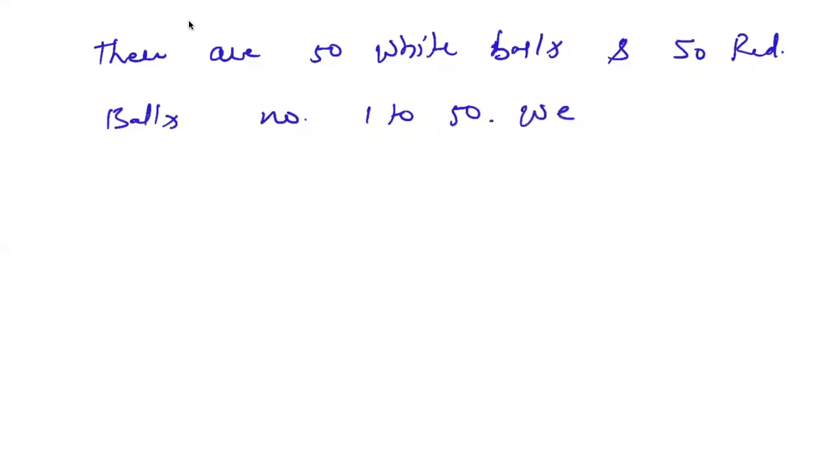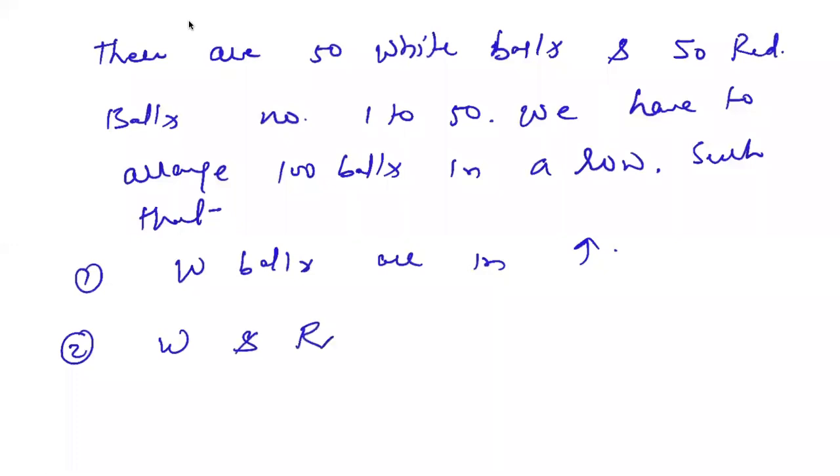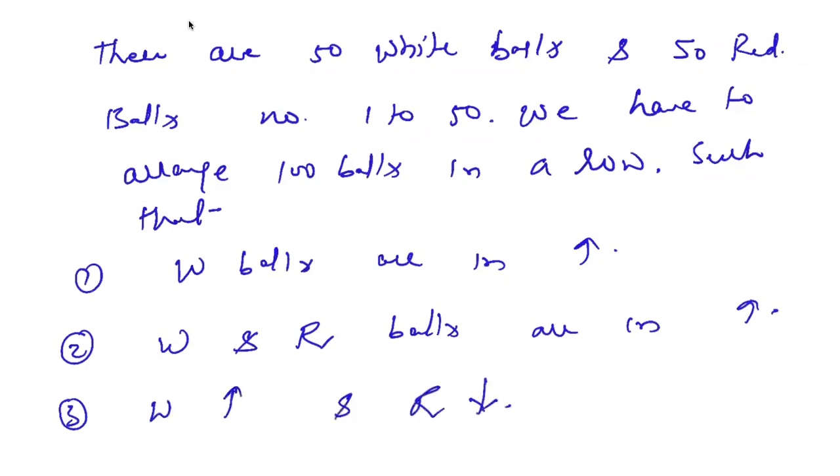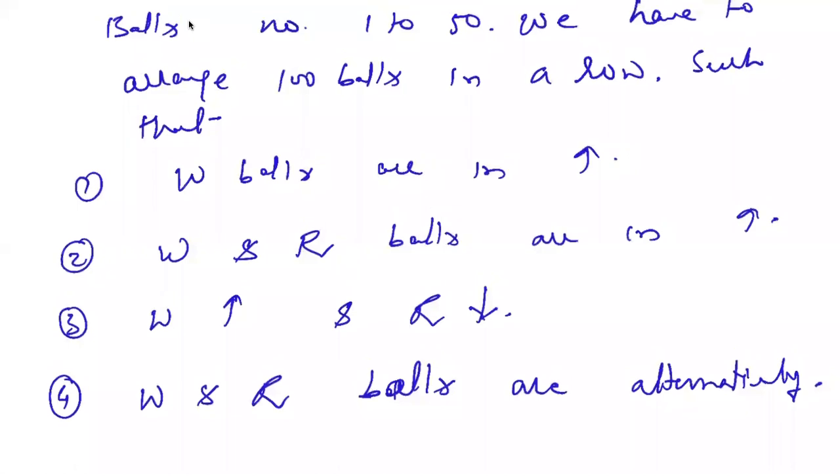We have to arrange 100 balls in a row such that: first, white balls are in increasing order; second, white and red balls are in increasing order; third, white balls are in increasing order and red balls are in decreasing order; fourth, white and red balls are arranged alternately.